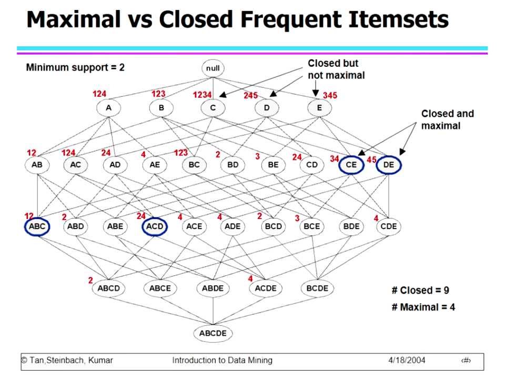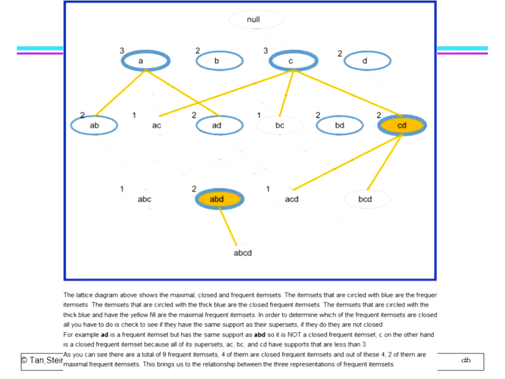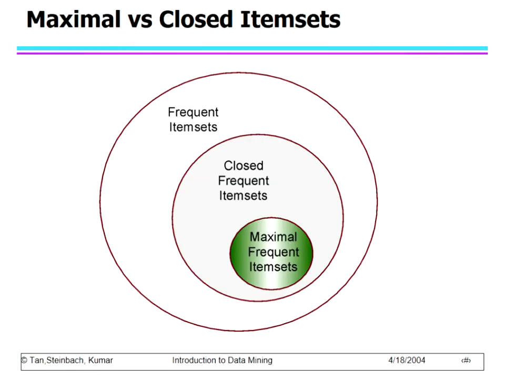So this is another example, and in this example we can find closed but not maximal item sets. We can find closed and maximal item sets. So when we have a maximal frequent item set, we can say that this item set is closed.